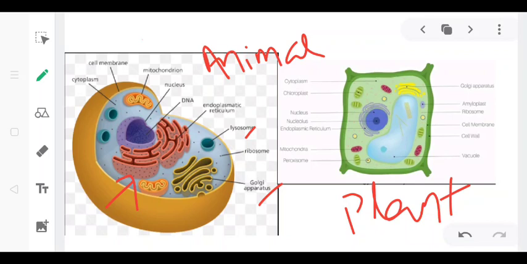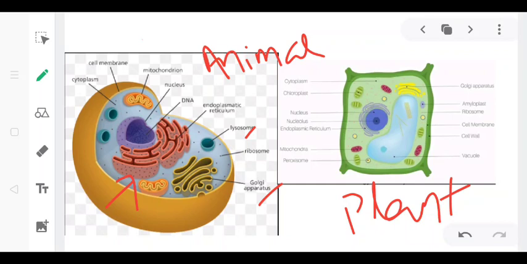One more thing you need to remember, that mitochondria are strange because they have their own DNA and ribosomes, and that is why mitochondria are able to make some of their own proteins. They need not depend upon the cell or endoplasmic reticulum. Next one is your plastids and vacuoles.